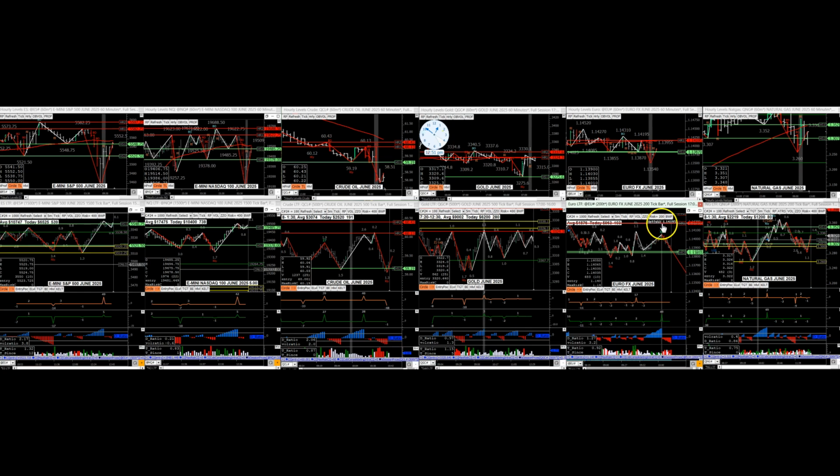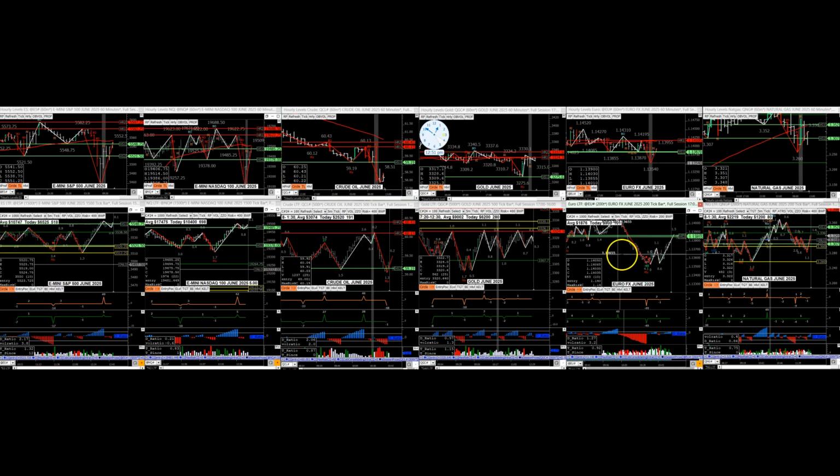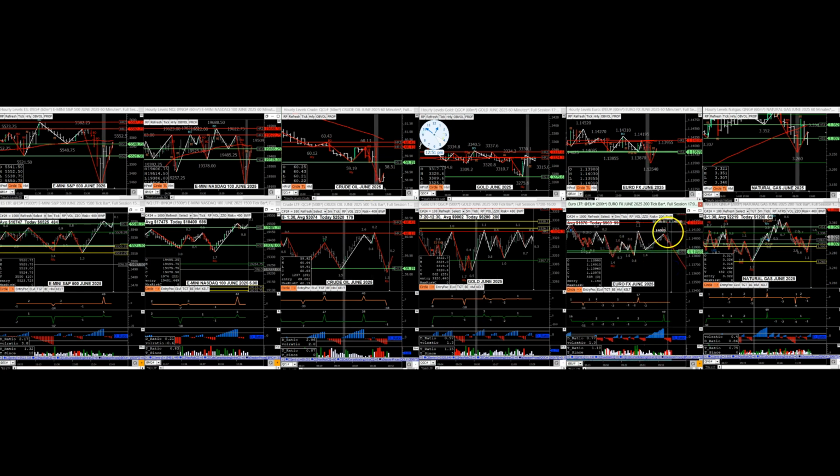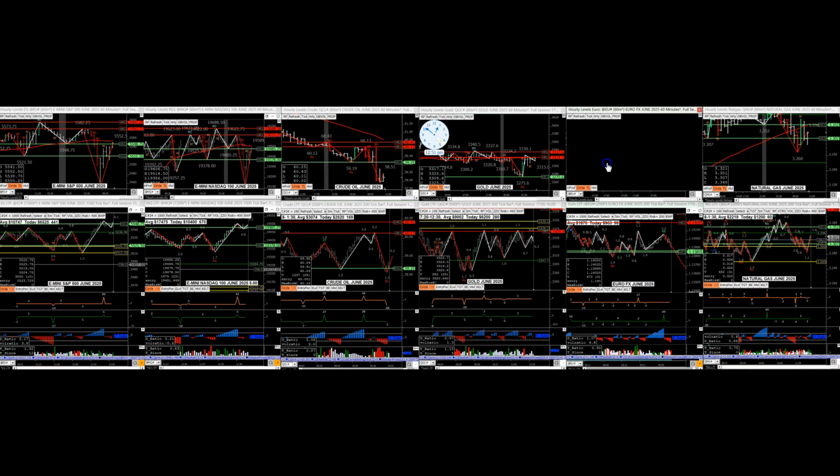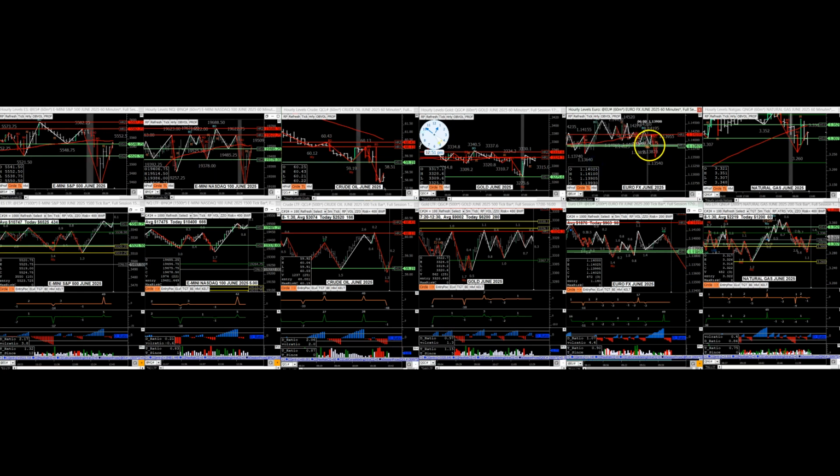Could not take out the other resistance areas. And then after that, it just puked. So this was a minor trade. And this also, the potential was there, but it just didn't work out in terms of having multiple legs. It only gave one swing. So this is a small trade. At least for me, it's swing, just swing.